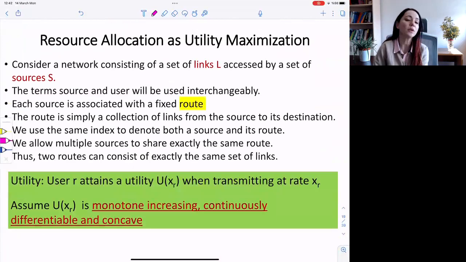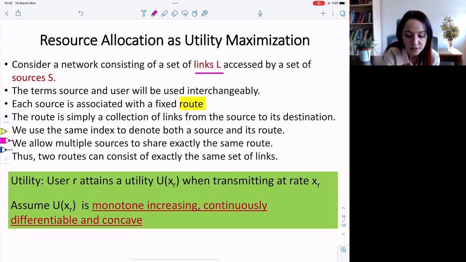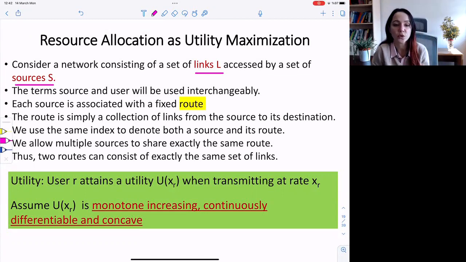Okay, now we will apply convex optimization to resource allocation as a utility maximization problem. Consider a network consisting of a set of links L accessed by a set of sources S. The terms source and user will be used interchangeably here, because each source corresponds to a flow between a source destination pair, and we assume that there is a user that is interested in this flow.